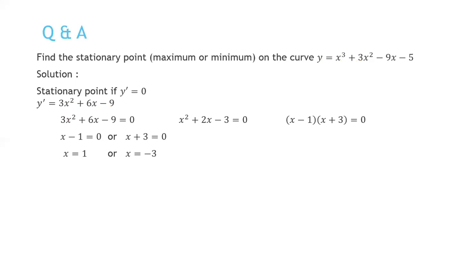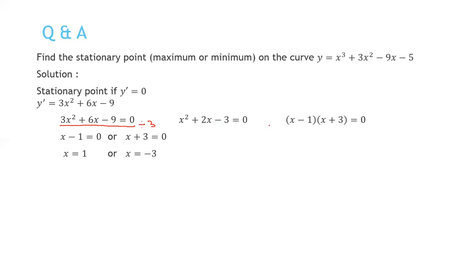If 3x squared plus 6x minus 9 equals 0, and we divide this equation by 3, this equation becomes x squared plus 2x minus 3 equals 0.